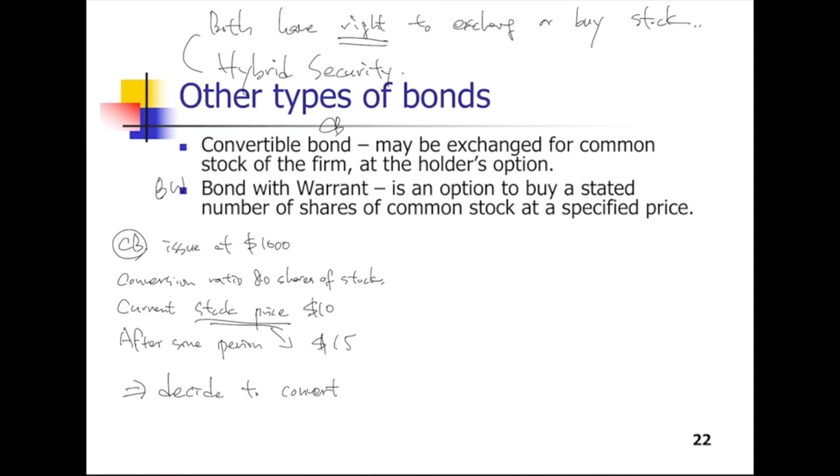A bond with warrant is similar. For the BW, let's have an example to explain. The bond with warrant is issued at $1,000.